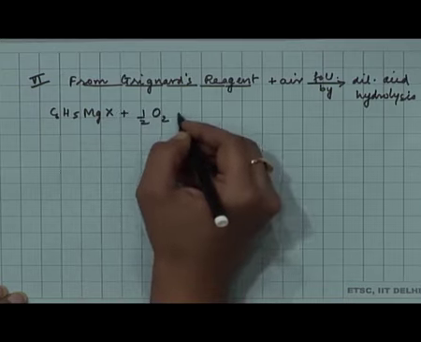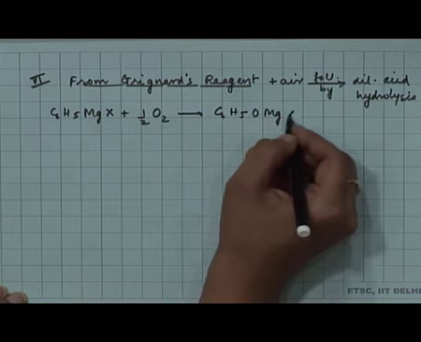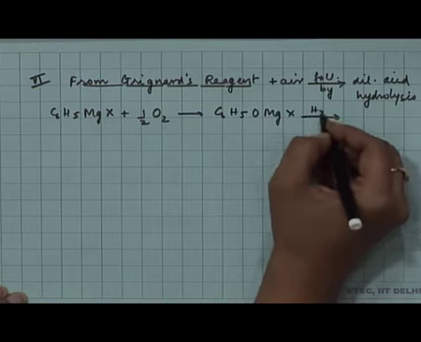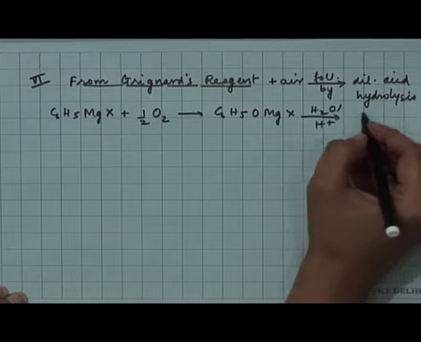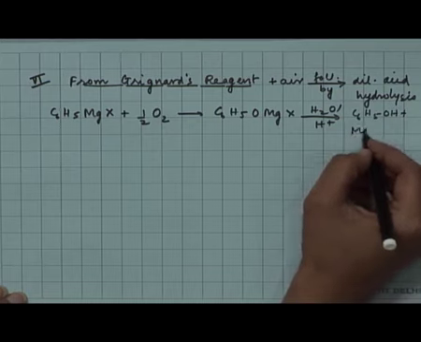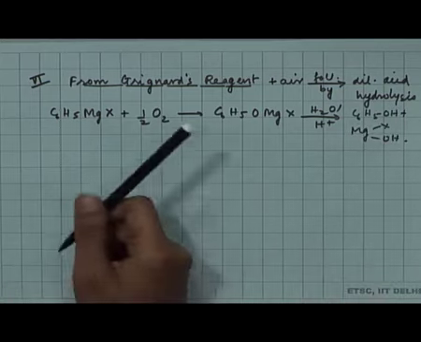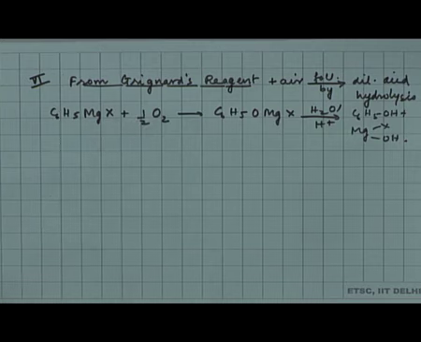In the presence of oxygen, it forms this OMgX, which upon acidic hydrolysis, acidic workup, gives you the phenol and this magnesium salt. So, these are some of the methods for the lab scale preparation of phenols.